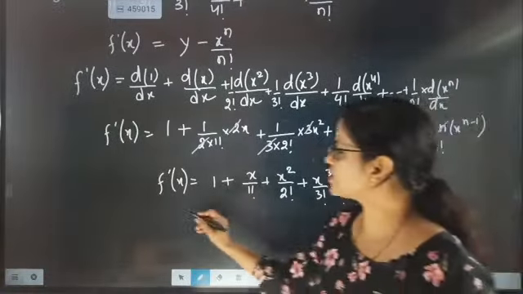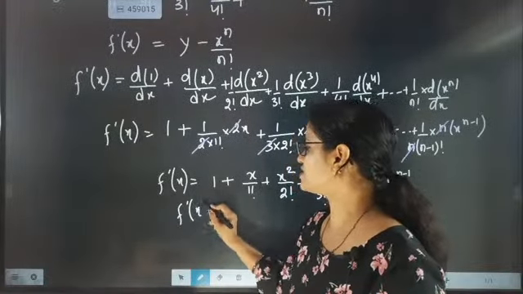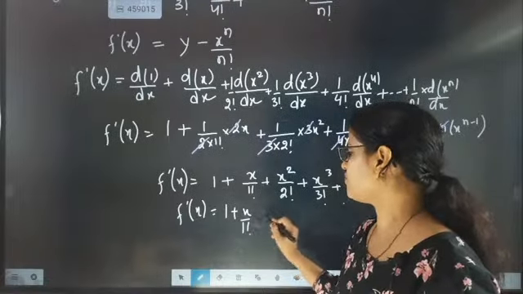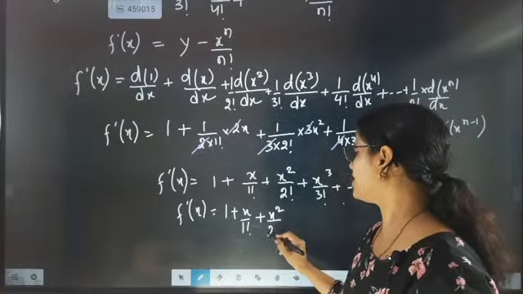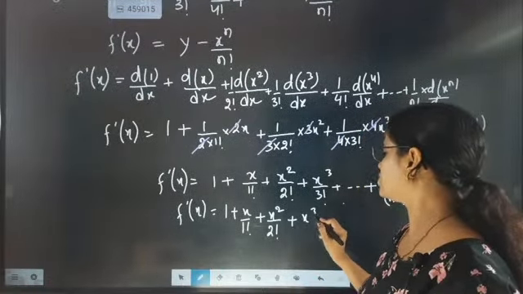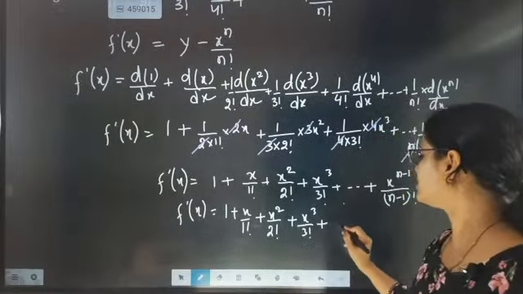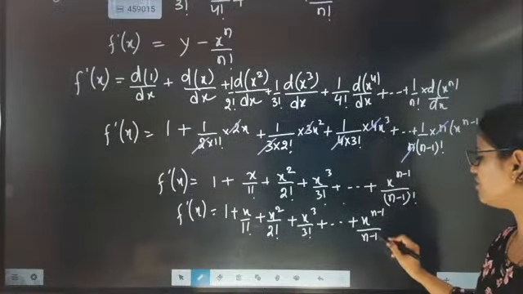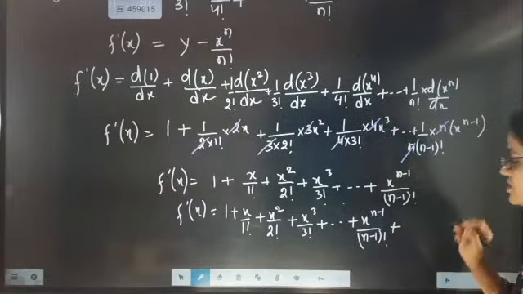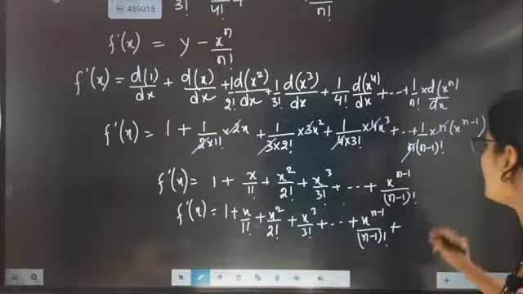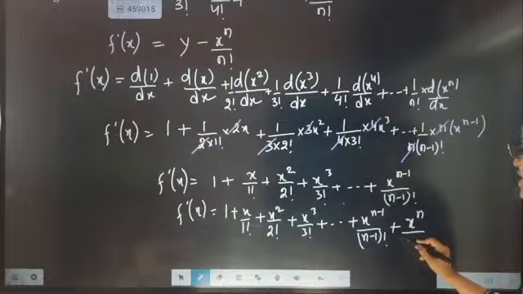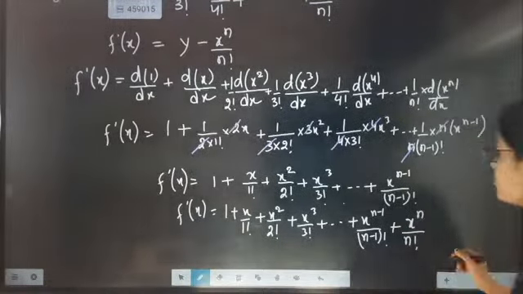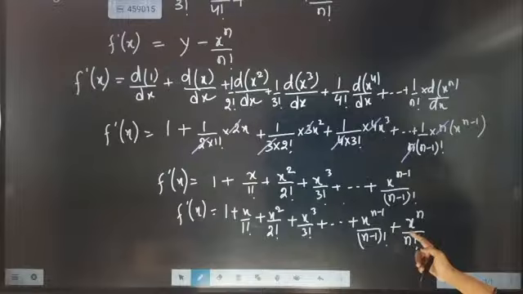So now one small work I am going to do is f dash x equal to everything I am going to write as it is, x by 1 factorial plus x square by 2 factorial plus x cube by 3 factorial till x to the power n minus 1 by n minus 1 factorial, plus one term I am going to add, x to the power n by n factorial. So this is one extra term I have added because this term is one less than this term.